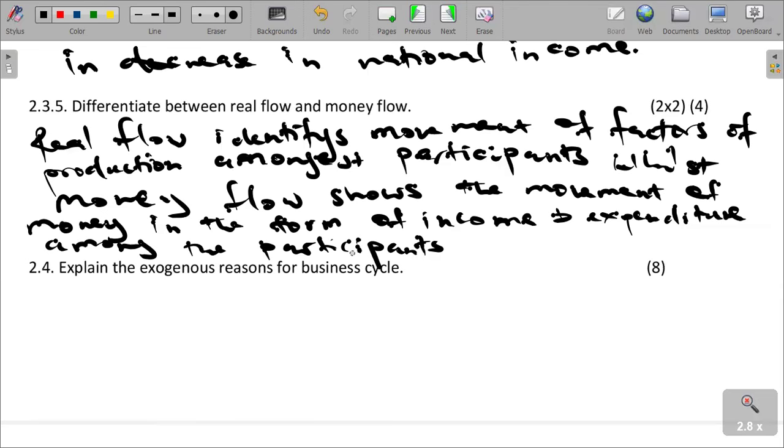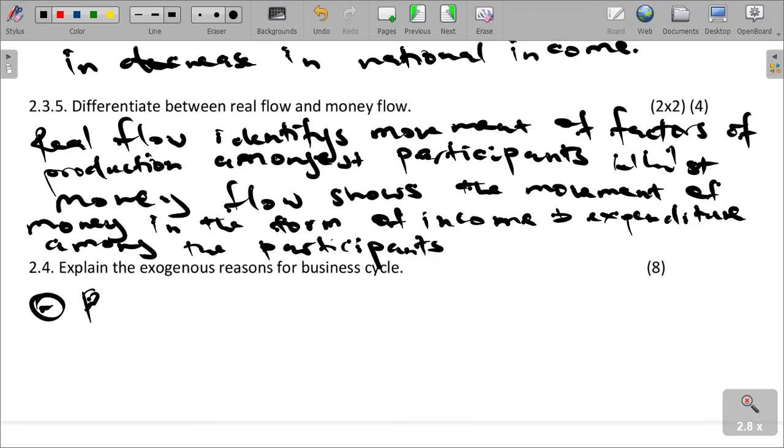Explain exogenous reasons for business cycle. The exogenous reasons are reasons for business cycles that originate outside the market system.